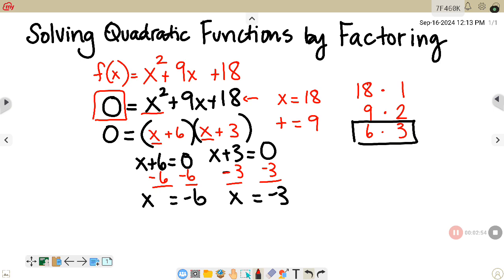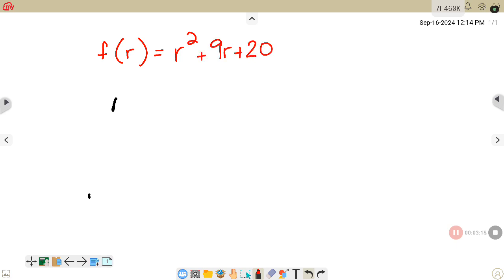Okay, let's try one more by factoring. Okay, so we're going to do the same process that we did on the last problem.